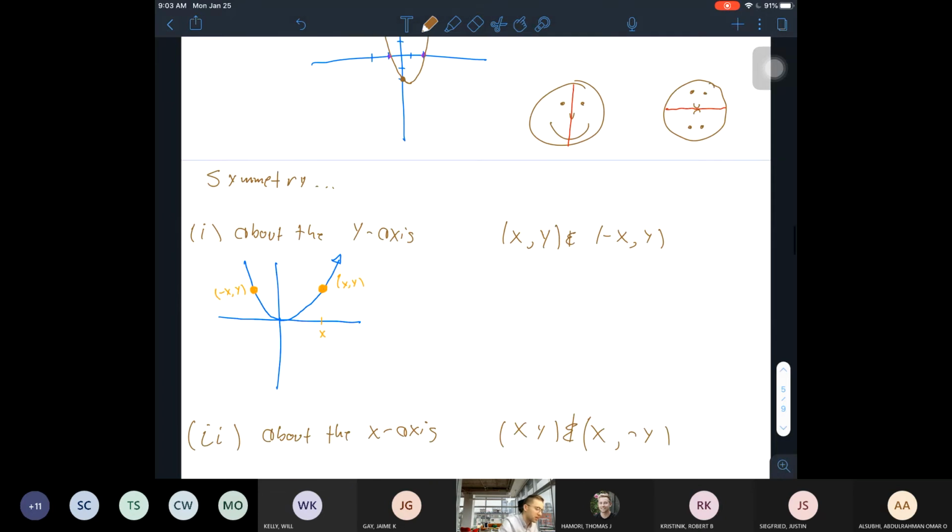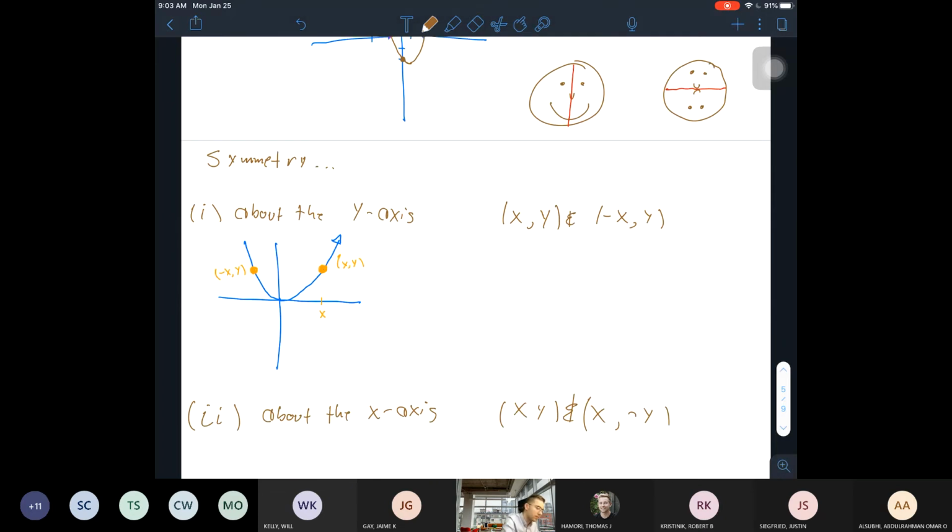So the way we define symmetric about the y-axis is: a graph is symmetric about the y-axis if for every point x comma y on the graph, negative x comma y is also on the graph.